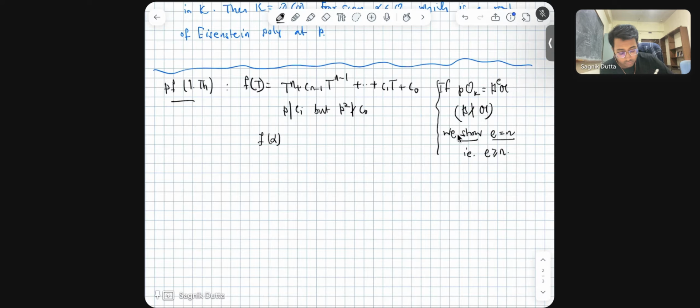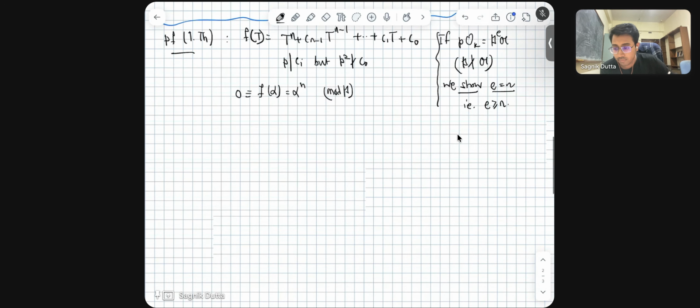So then if you look at this equation modulo P, because all the other coefficients are divisible by P, you basically only get the leading term, which is alpha to the n, and there is of course 0 because f of alpha is 0. So this mod this.